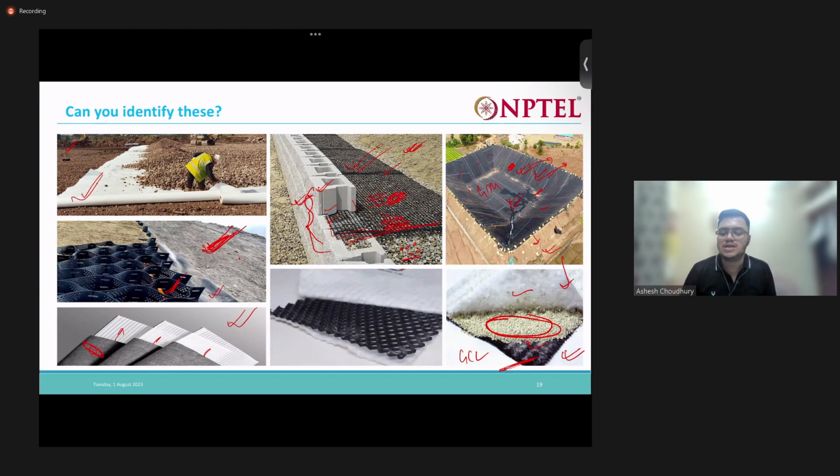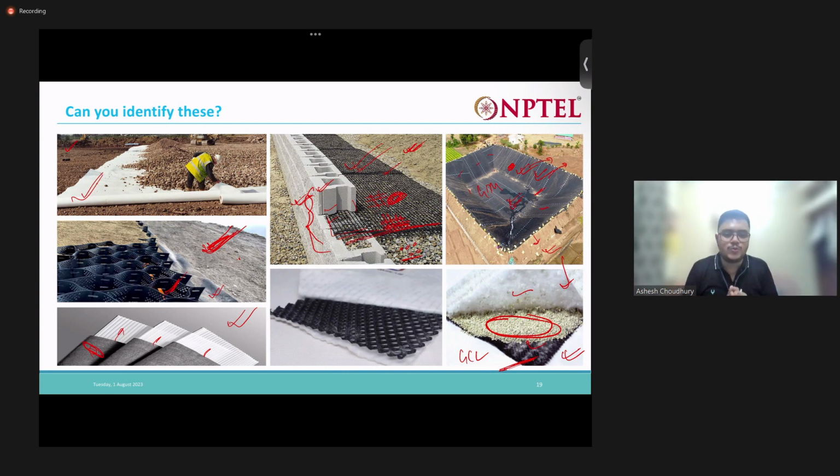Why this is important is that if there is a soil and we construct something over it, the consolidation will take years to happen. As time passes, there might be settlement or differential settlements, and the structure built over it will get damaged. We don't want that.